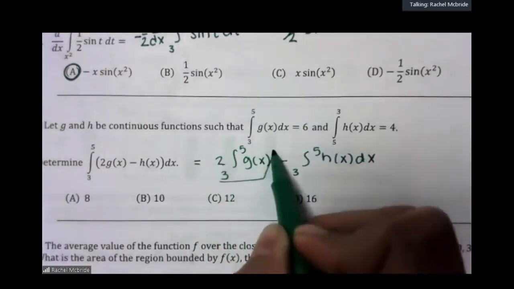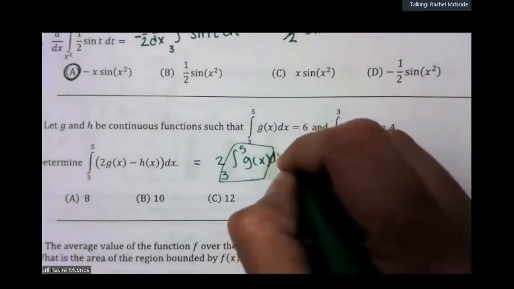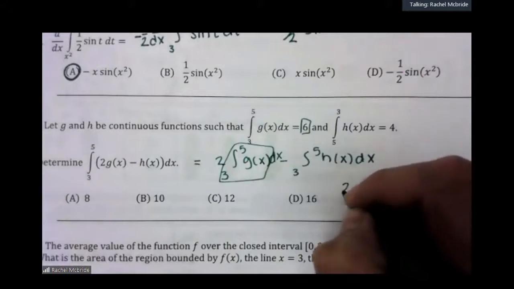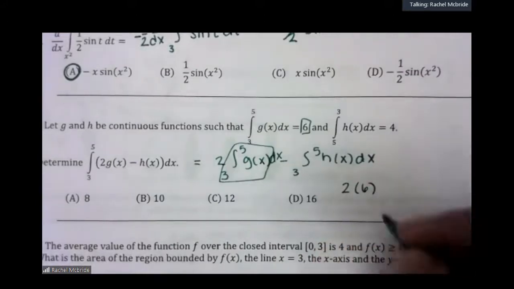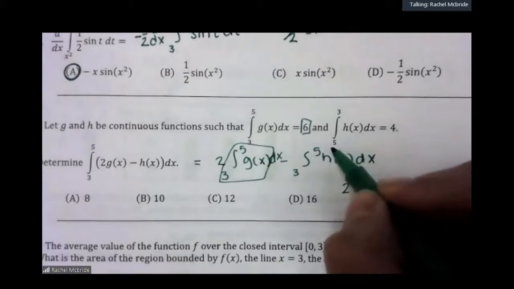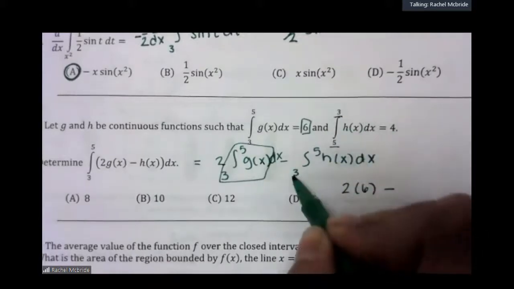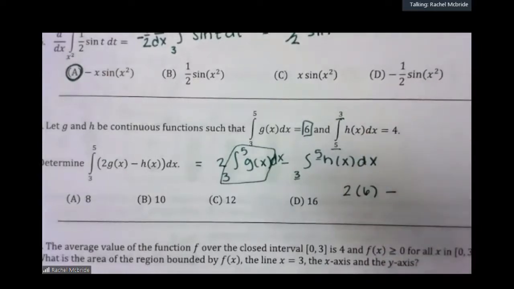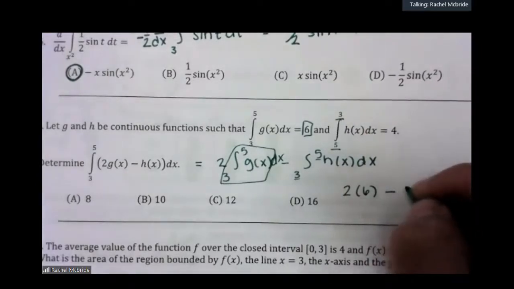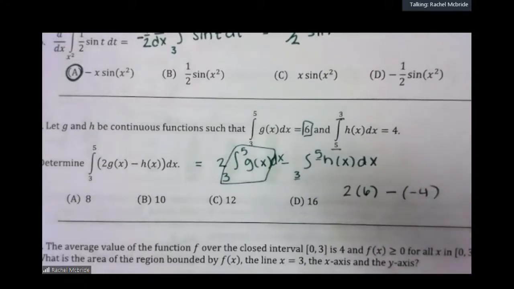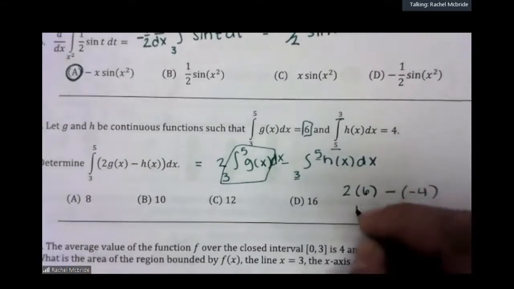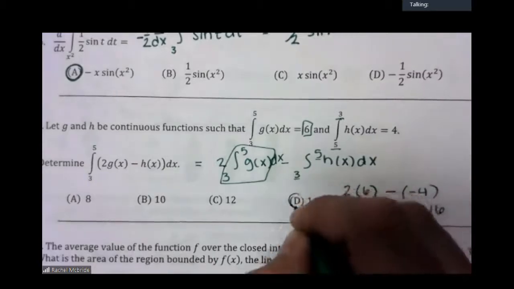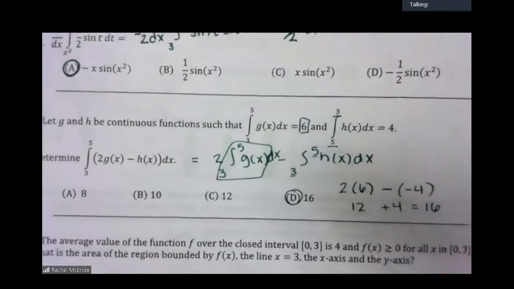We substitute 3, 5 from above with 6. So I get 2 times 6 minus, now up here you'll notice again this goes 5 to 3 and mine goes 3 to 5. So to flip it, you make it negative. So instead of being a positive 4 in substitution, it's going to be a -4. Which gives you 16.